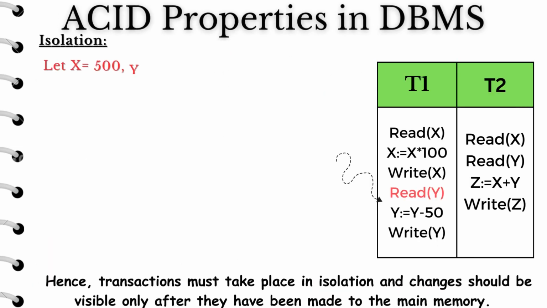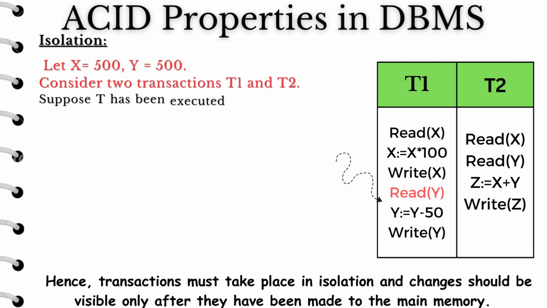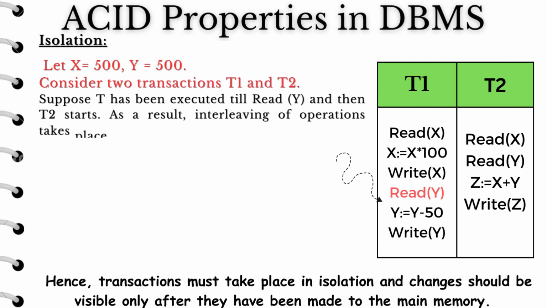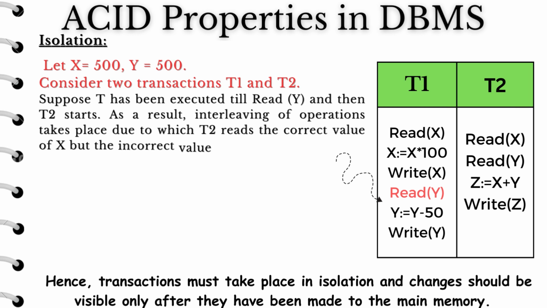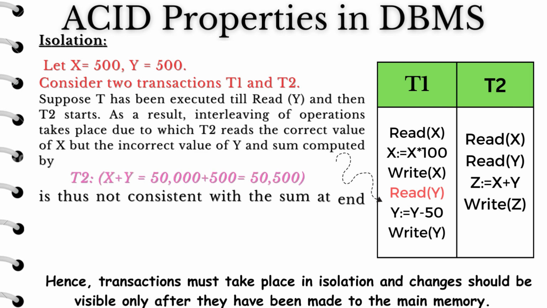Let's understand this better with an example. Let X equals 500 and Y equals 500. Consider two transactions T1 and T2. Suppose T1 has been executed till read Y, and then T2 starts.